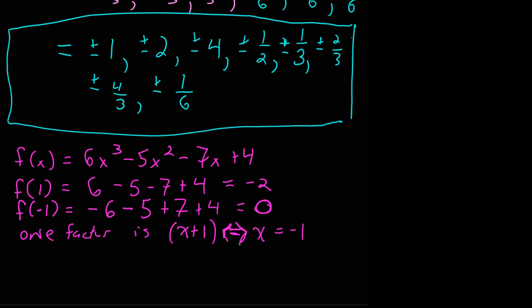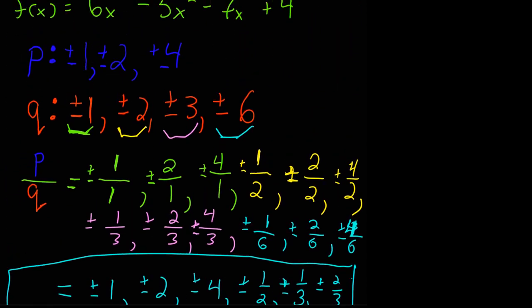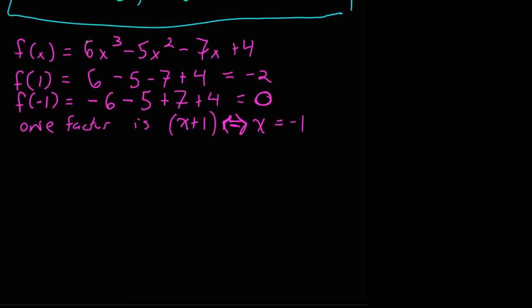But what I want to do, which I think might work better, is why don't I divide this by this? That'll give me a quadratic, and I already know what to do with quadratics. I can find my roots using the quadratic formula. I can find my other roots by factoring. So I'm going to do my division first.